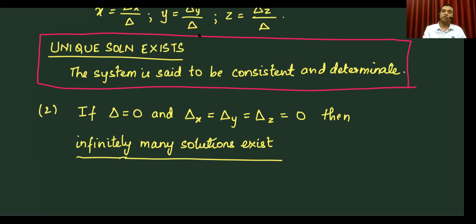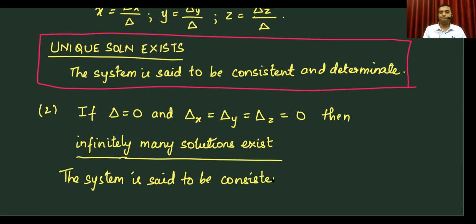The system is said to be consistent and indeterminate. You cannot determine a unique value. That's why it is indeterminate.